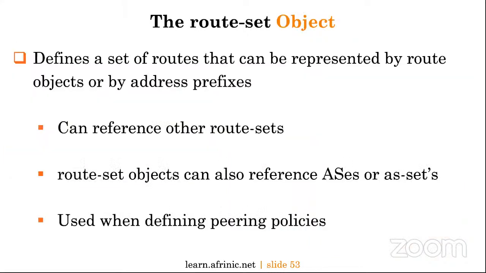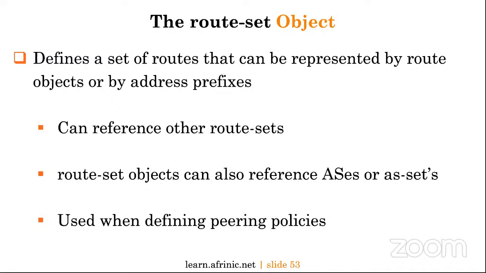So the next object we're going to look at in the routing registry is the route-set object, which defines a set of routes. Remember, the AS set is a set of ASs, autnums, which you can reference either by members-by-ref, members, or the member-of attribute. Now, route-set is not a set of route objects.